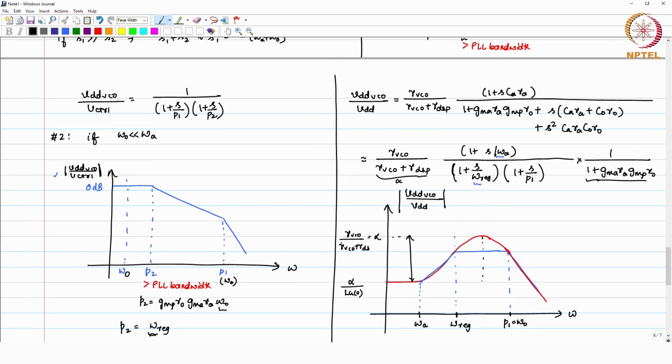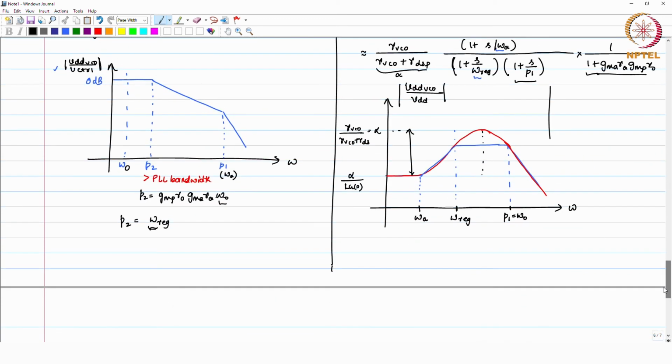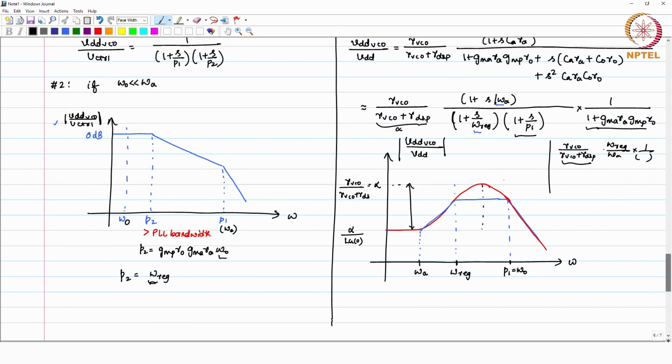Well, if you see that the peaking is happening after omega regulator and before P1, you can neglect this term, and what you get here is RVCO by RVCO plus RDSP times omega regulator divided by omega A, into 1 by your DC gain, and this is only RVCO by RDSP. Okay. So, this is the case when all this analysis is for omega A much less than omega O.